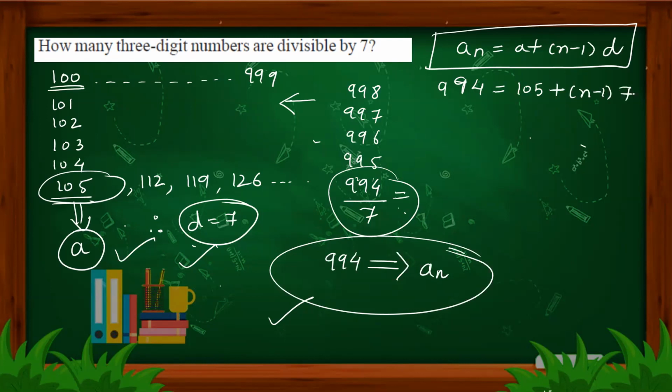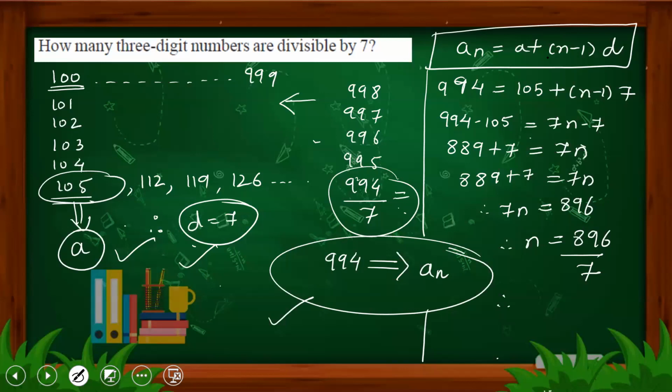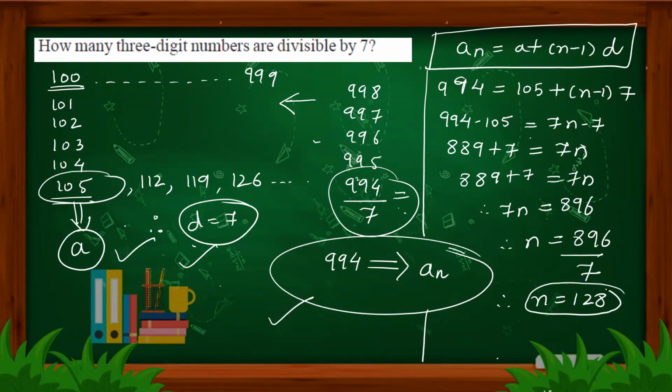Now let us solve this. So hence N is equal to 896 divided by 7, so that comes out to be N is equal to 128 for this AP. That means there are 128 three-digit numbers which are divisible by 7, right? So you need to write down the statement at the end.